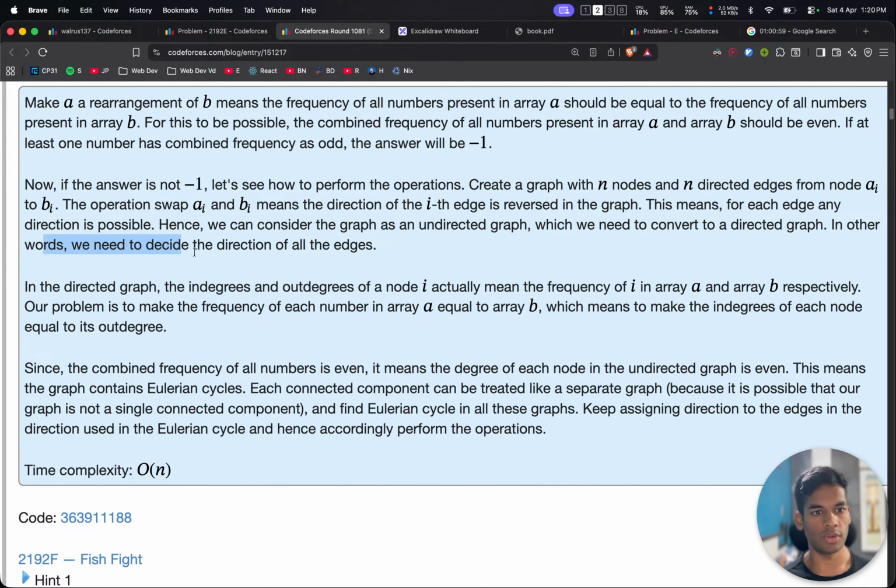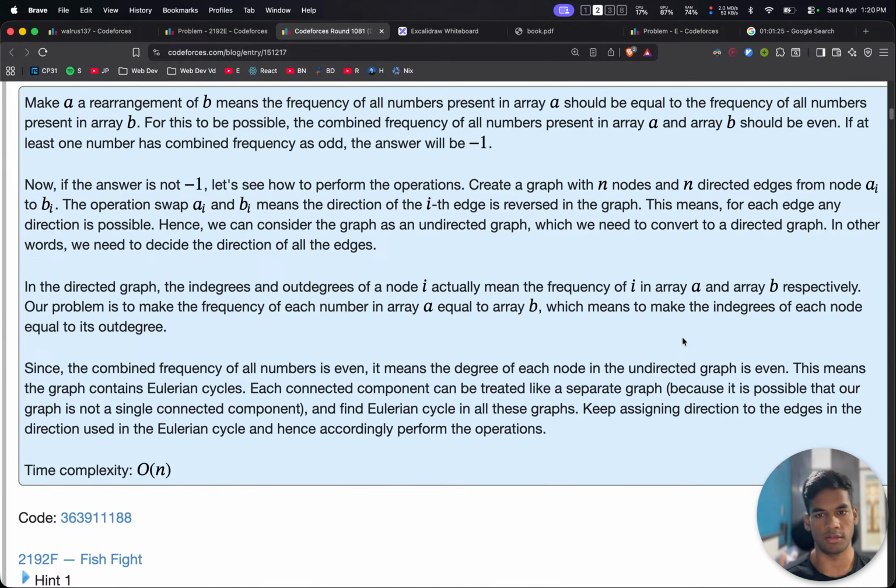In other words, we need to decide the direction of all the edges. Yes, extremely true, and we are with the writer till this point. But then in the directed graph, the in degrees and out degrees of a node I actually means the frequency of I in array A and array B respectively.